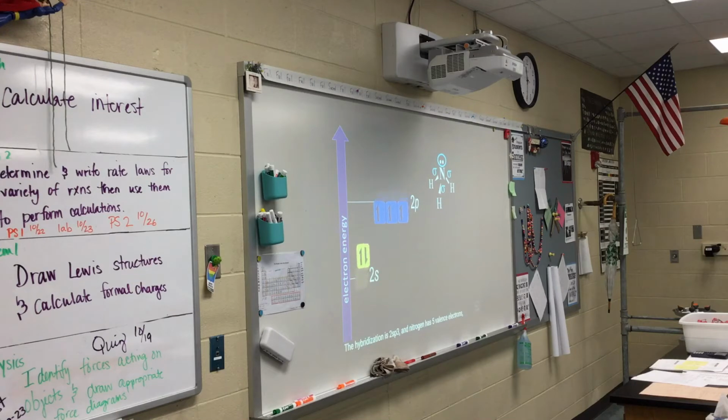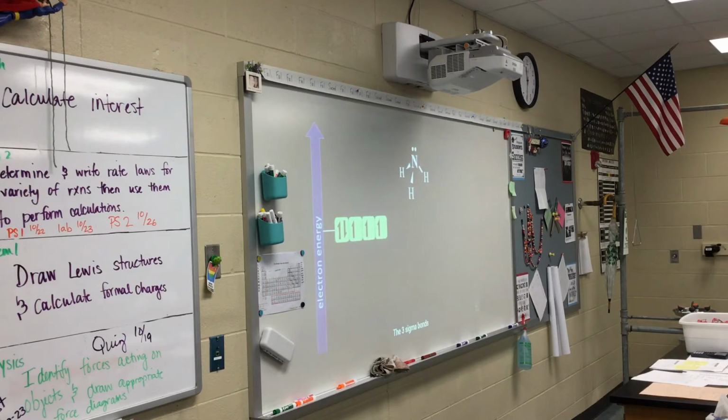The hybridization is 2sp3, and nitrogen has 5 valence electrons, so one of the 4 2sp3 hybrid orbitals has a pair of electrons. The 3 sigma bonds come from the sp3 orbitals with a single electron, so they can pair up. And so the remaining electron pair is a lone pair, an unbonded pair of electrons.